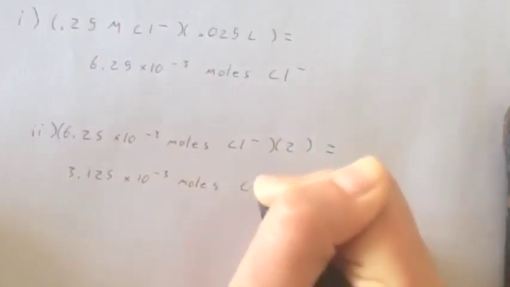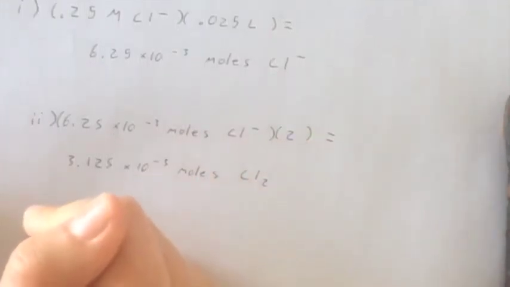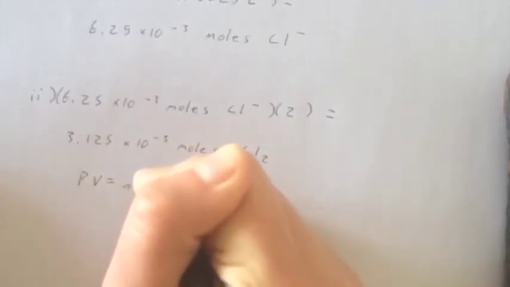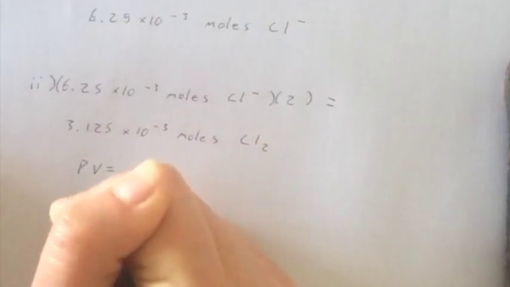Then you plug this number into the ideal gas formula using the other given information to solve for the rest of the variables.